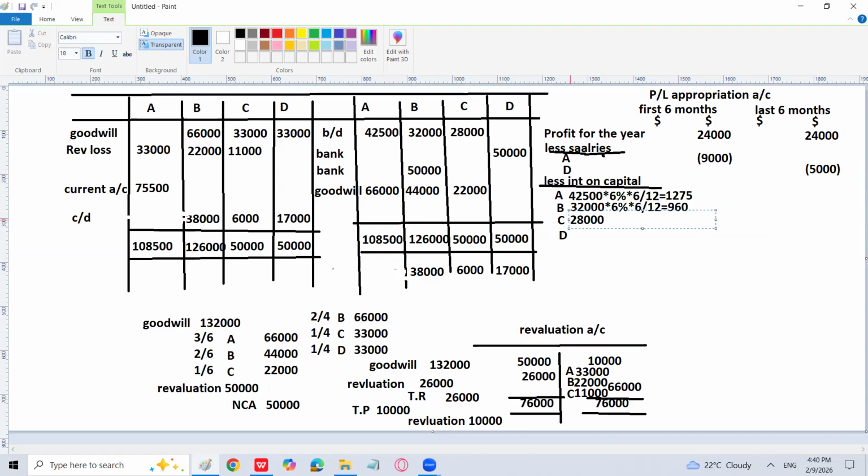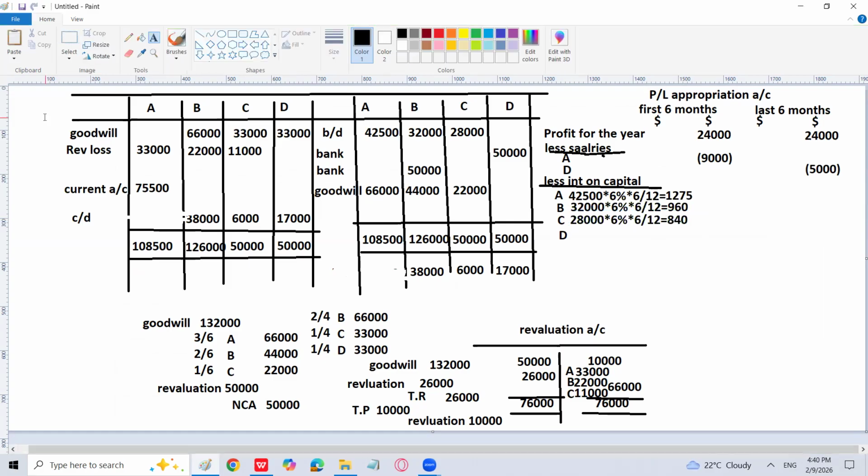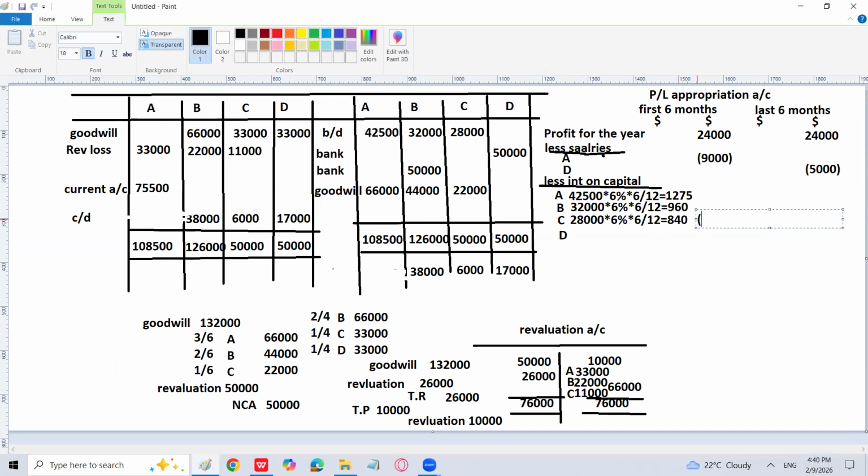Then 28,000 into 6% into 6 over 12. 840. Let's go for the total of this. All three. 1275 plus 960 plus 840. You will get the total 3075.